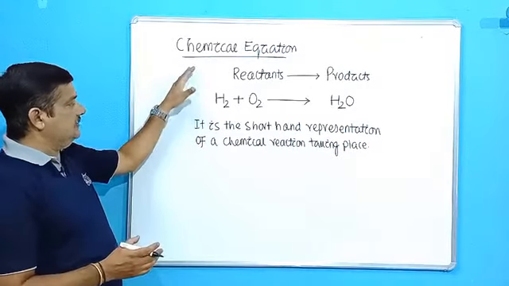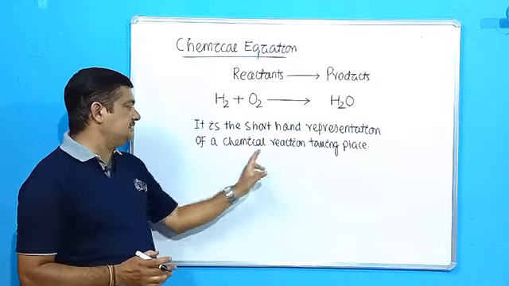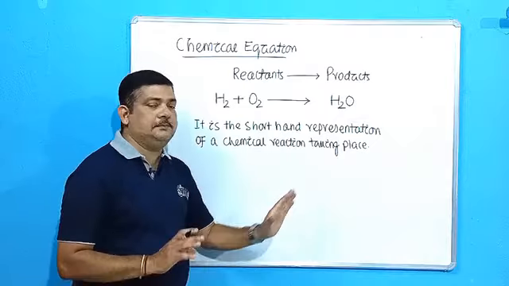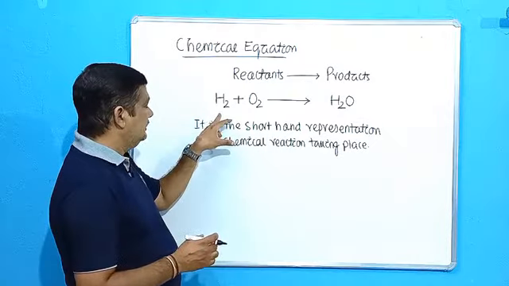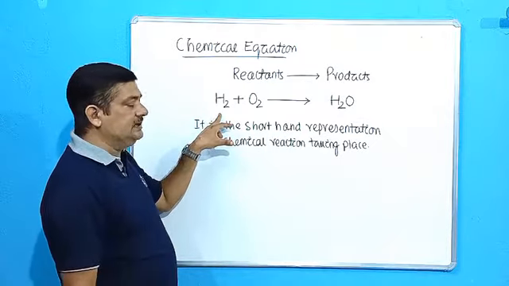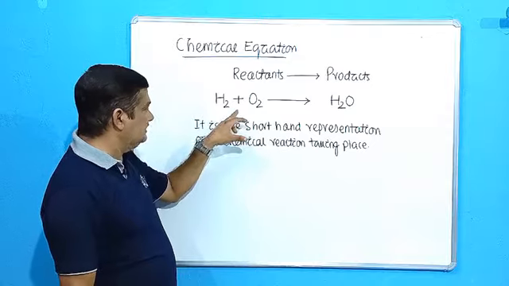So, what is chemical equation? It is the shorthand representation of a chemical reaction taking place actually. Okay. So, instead of saying such a lengthy sentence, we can directly write it like this.